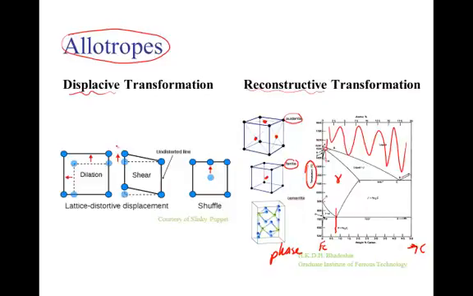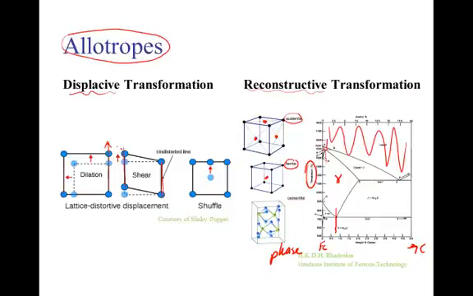Frequently, the difference is caused just by stretching in one direction, like having the structure go from cubic to tetragonal, which is like a cube but a little bit longer in one direction, or just shifting the structure on one axis, shearing it over.